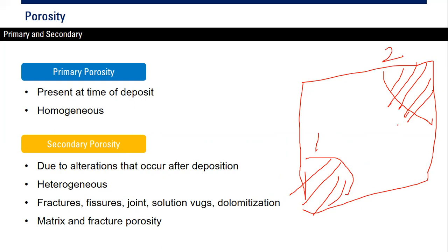They can have different porosities because secondary porosity is heterogeneous. We find it in terms of fractures, fissures, joints, solution vugs, dolomitization. All of them result in secondary porosity. And it can be matrix and fracture porosity. So these are the primary and secondary porosities.